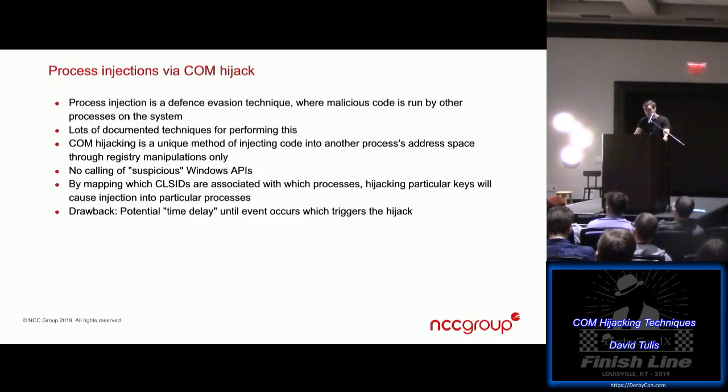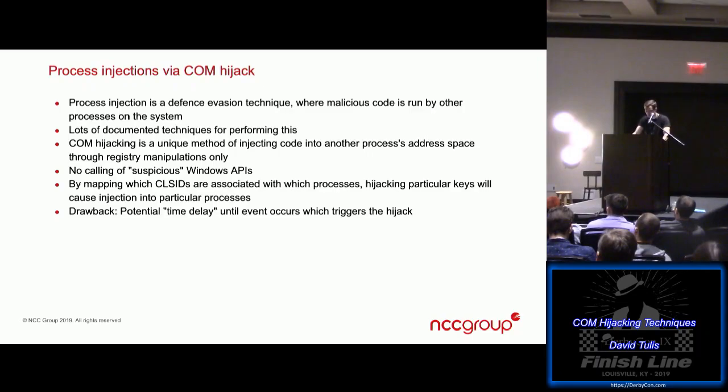There are a lot of documented techniques for performing process injection, but COM hijacking is not really considered a vector for performing process migrations, and I don't understand why not, because well-tuned security products, if they're using machine learning or AI or blockchain, are going to know about these API calls. So any program that we create that's calling these functions to perform process migrations has a solid chance of being flagged as suspicious.